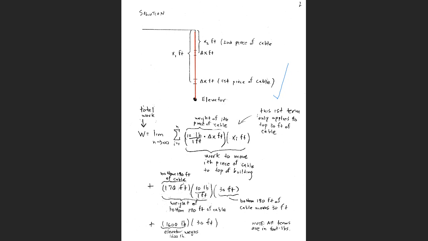And the elevator is at the bottom. In other words, the elevator's at the bottom in the basement, and we want to move the elevator up 30 feet. All right.